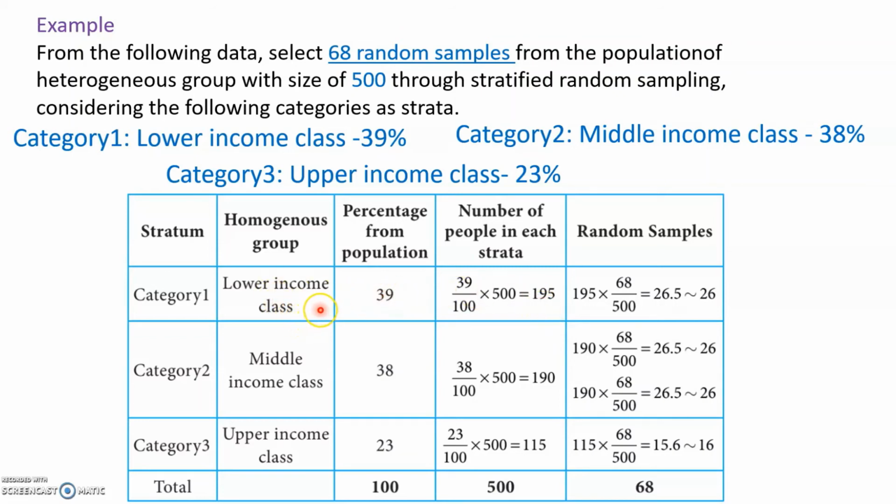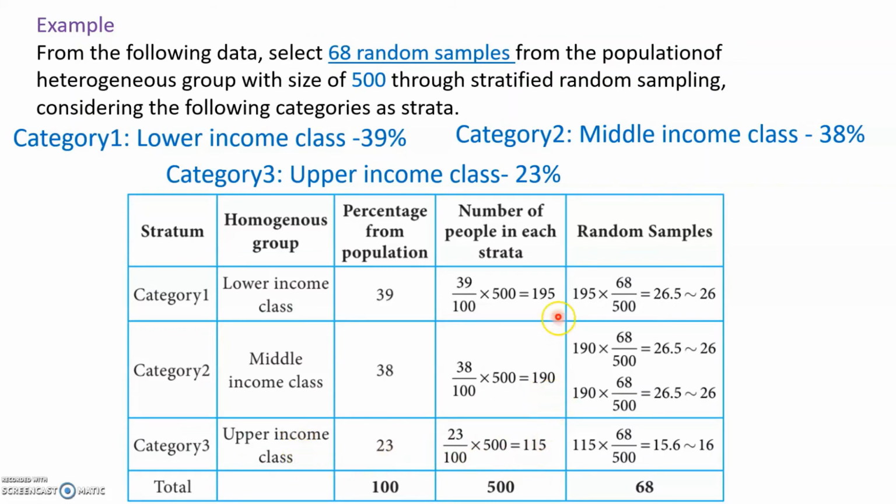Let me repeat it for you. In the lower income class, which is our category 1, you have 195 people. So out of 500, 195 are lower income class. In the same way you can find 190 are from the middle class, 115 are from upper class.